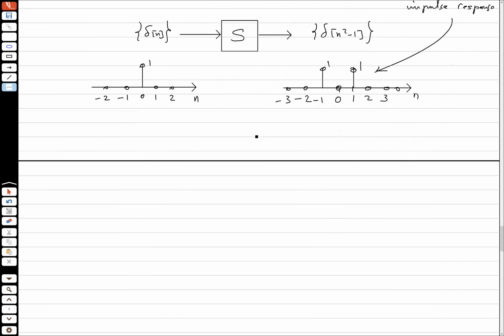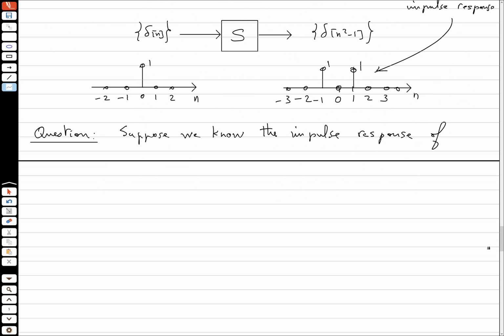All right, so I'm going to ask a stupid question. Suppose we know the impulse response of S. And the question is, do we know S?